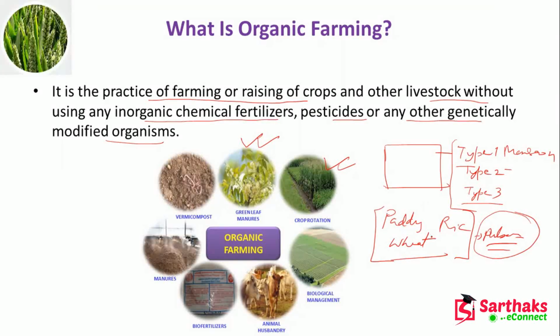Biological management is another method. Animal husbandry is a method. Biofertilizers: we are not using normal inorganic chemical fertilizers, we are using biofertilizers. And we are also using natural manures, like vermicompost. So whatever things we are using at the time of cultivation are natural things, not any synthetic pesticides or inorganic chemical fertilizers.